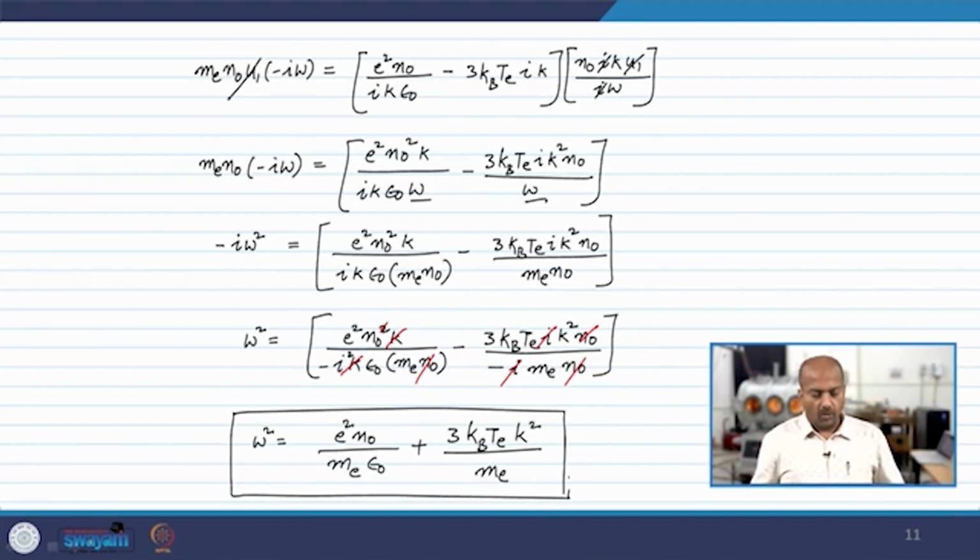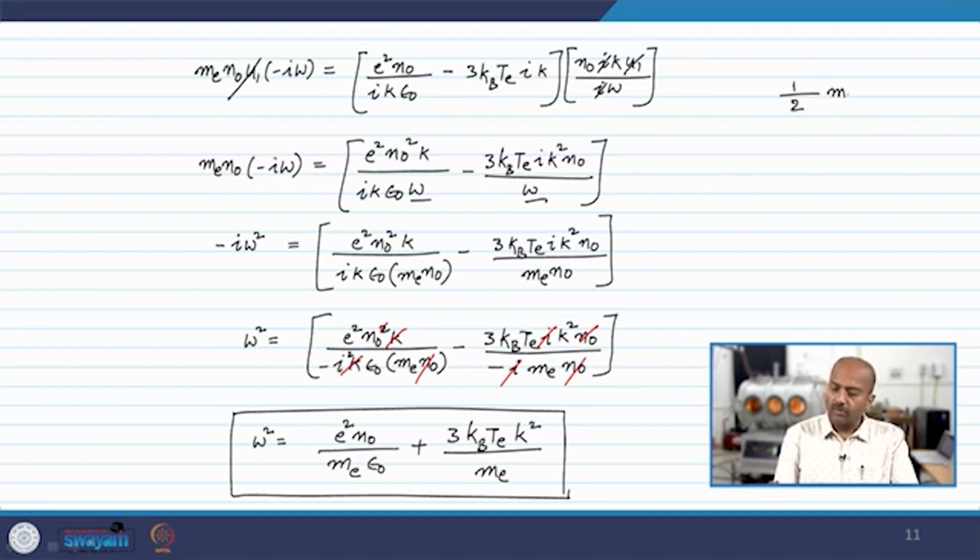This is an expression that we have got for omega in terms of k, the propagation constant. So, omega square is equal to e square n naught by m_e epsilon naught plus 3 k_B T_e k square by m_e. Now, if you consider the electron to have thermal energy, a non-zero temperature, you can write half m v square is equal to k_B T, right. This is the thermal energy, the kinetic energy.